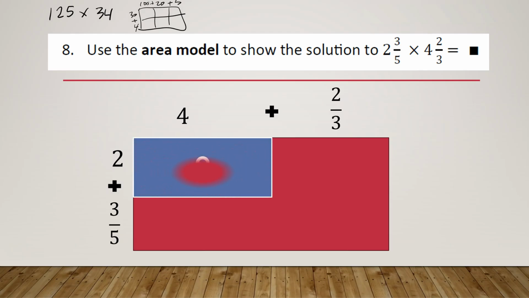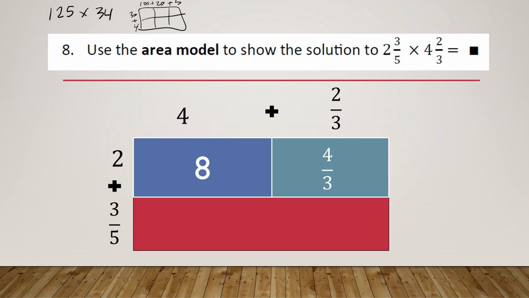And then we're going to say, 2 groups of 4 is 8, right? And then 2 groups of 2/3: 2 groups of 2 is 4, so 2 groups of 2/3 is 4/3.